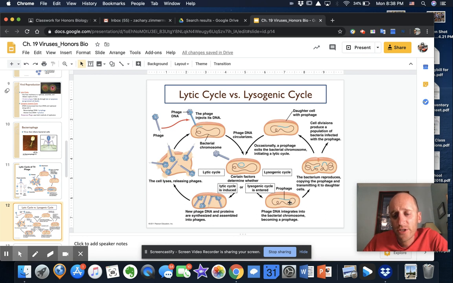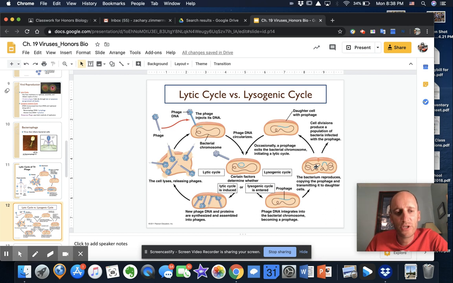And so that means when the cell reproduces, and when the cell copies its DNA, it's also copying viral DNA. So even though the cell itself is maybe not affected negatively by the virus at this point yet, it is kind of doing a service to the virus by copying the viral DNA.